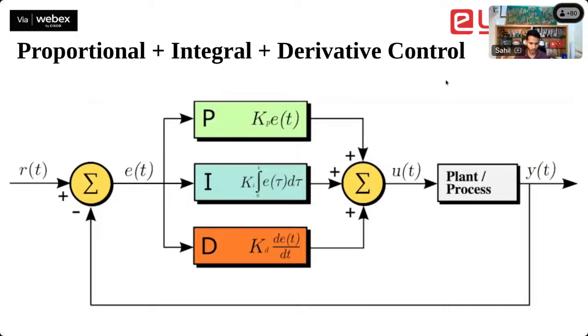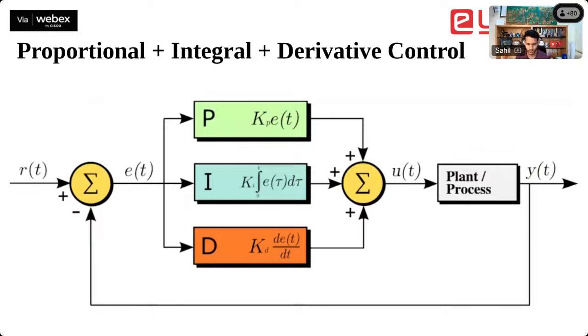In the block diagram that you see, the reference is fed back to the error, and then it is given to the P, I, and D, each with different gains, that is Kp, Ki, and Kd, and accordingly it is fed to the system.